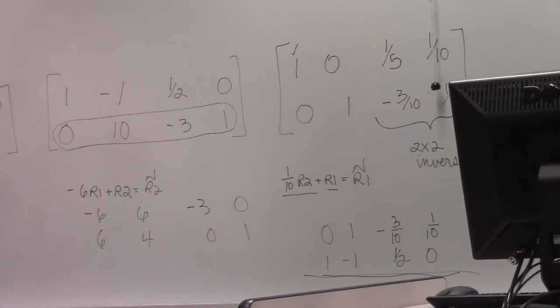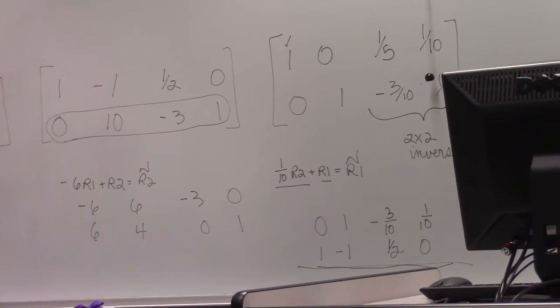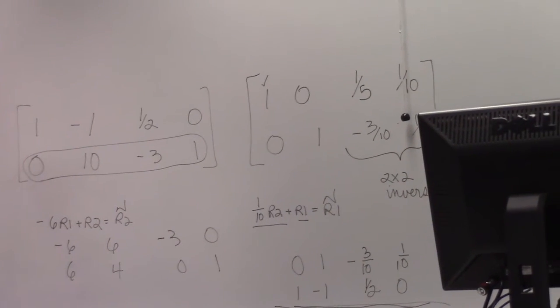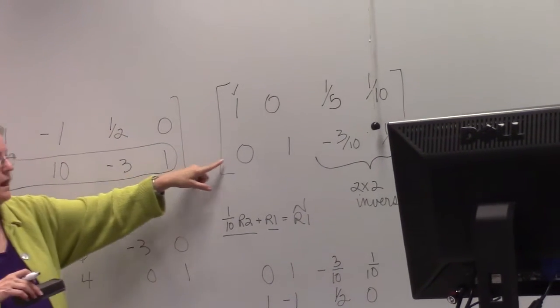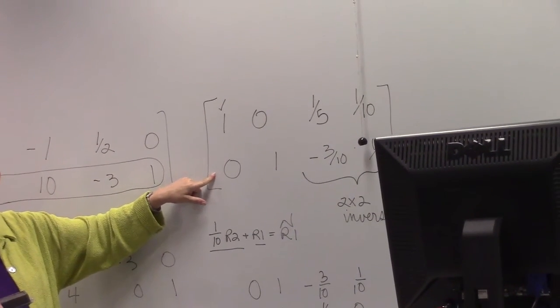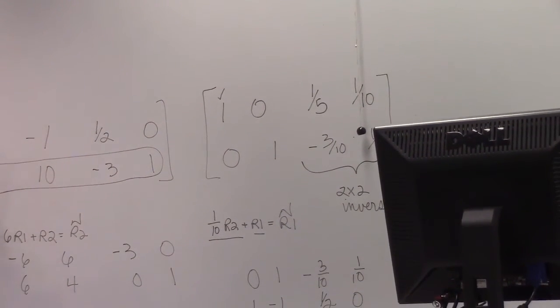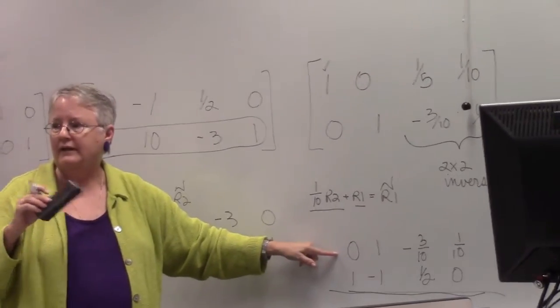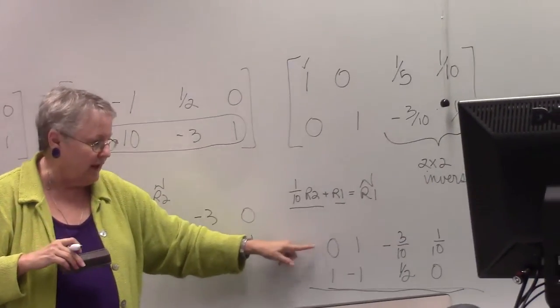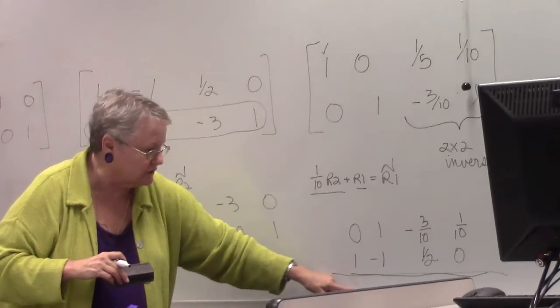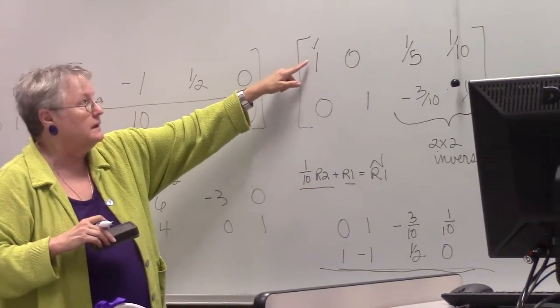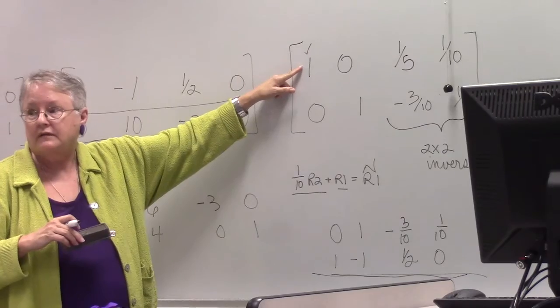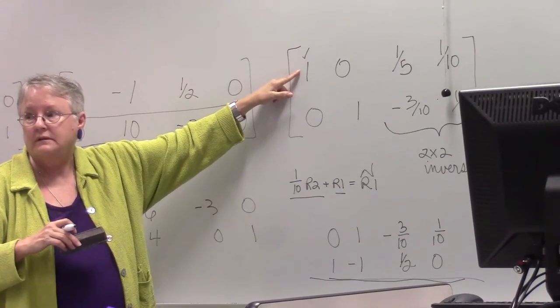So you're doing 2 steps in one? Yeah, pretty much. The 2 steps in 1 was when I declined to remultiply row 2 by 1/10 again. I said, we've already got it. It's right here. That gives me my 0, 1 right away. I don't have to write that down. Then I added those 2 and took the sum mentally and put it up here instead of copying it twice.